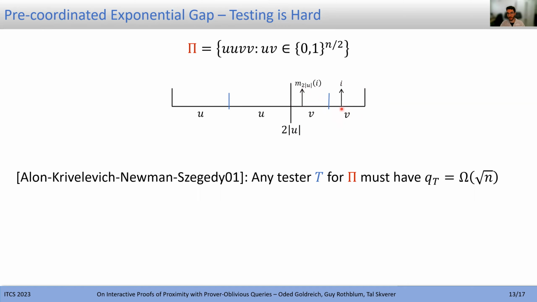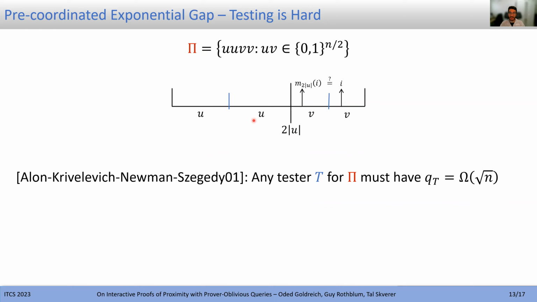So if we query this location i, its matching position will be in the other copy of V. And we can ask a single question: whether the bits in these 2 locations are identical or not. But the issue for the tester is that it doesn't know where to cut the string. The string can be cut there and there and there.